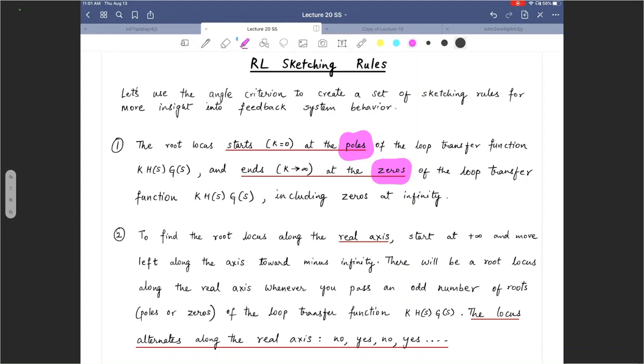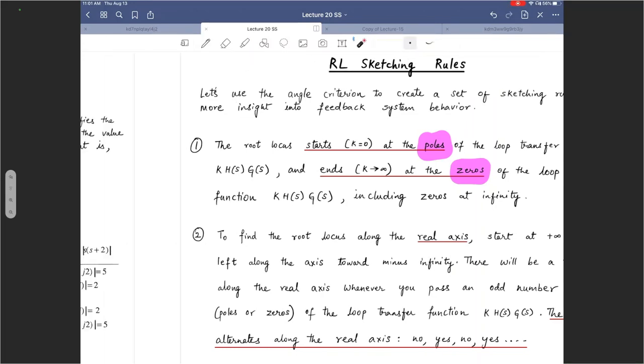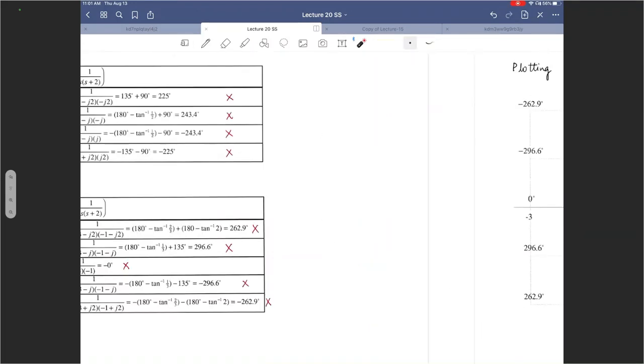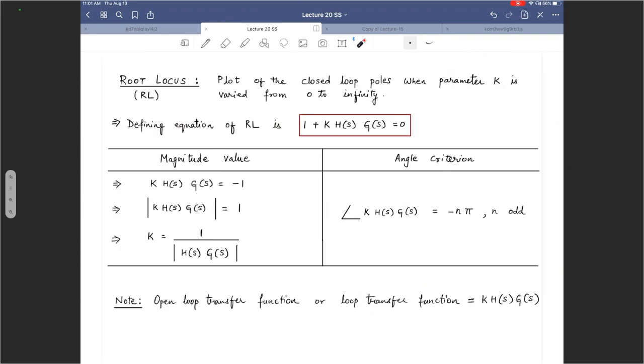As you can see, if I go back here, the angle criteria is based on k h of s, g of s. So that is the loop transfer function. What we are doing is trying to track the poles and zeros of the loop transfer function and not the closed loop transfer function.